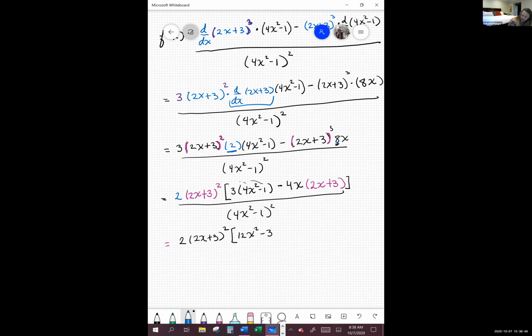Make sure you carry the negative when you distribute the 4x. So negative 4x times positive 2x is negative 8x squared, so minus 8x squared. And negative 4x times a positive 3 is negative 12x. All over the denominator, (4x squared minus 1) quantity squared.